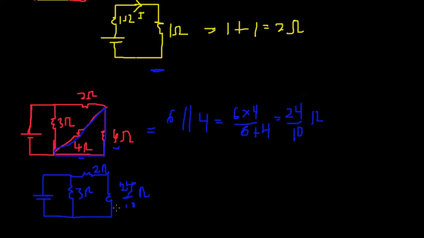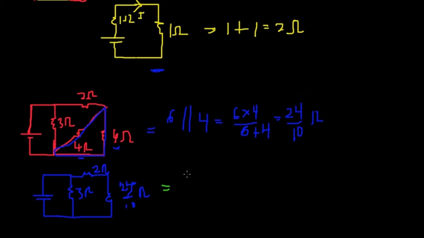So now let's continue. From here we could again notice that resistor 2 and 24 on 10 are in series, because the same current will pass through this and that.